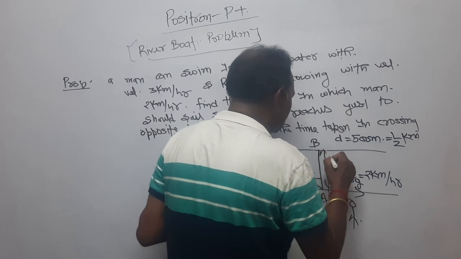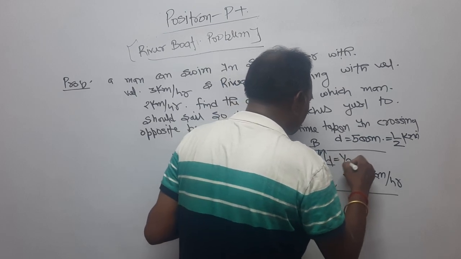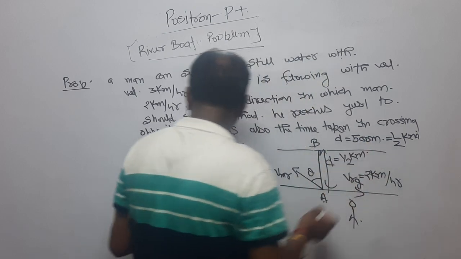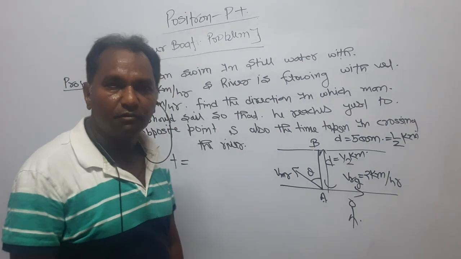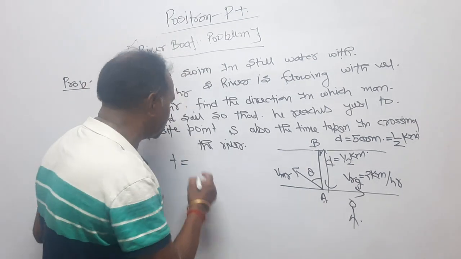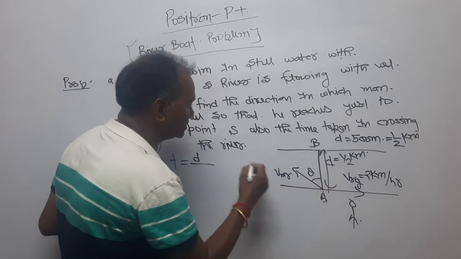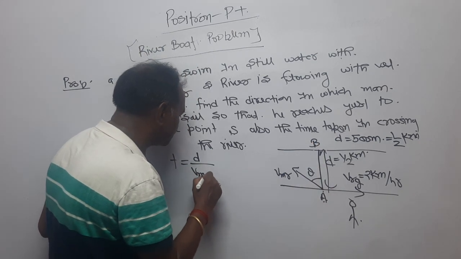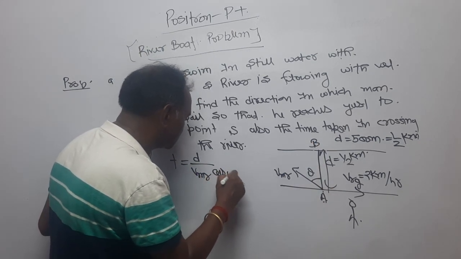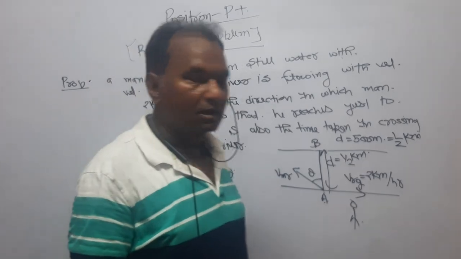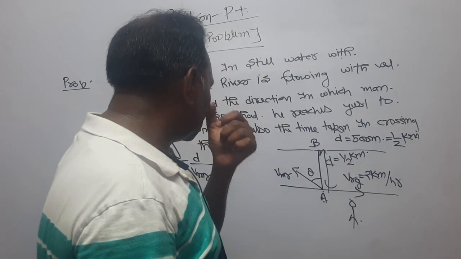So this is D, that is 1 by 2 kilometer. Time taken in crossing the river is distance upon perpendicular velocity, that is V_MR cos theta. In this way, you can find it.